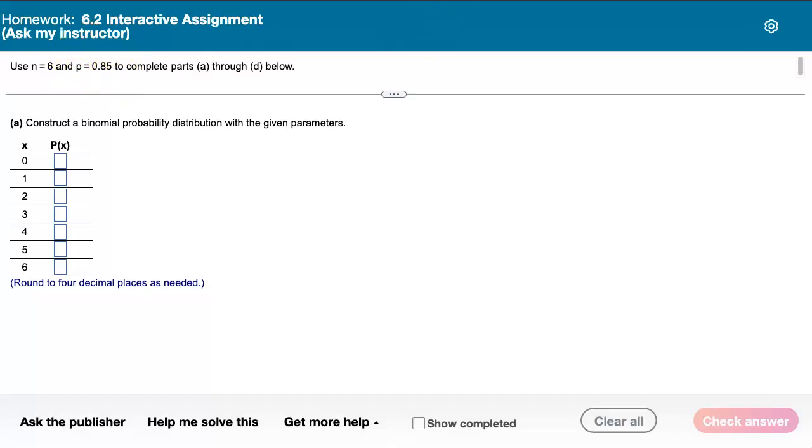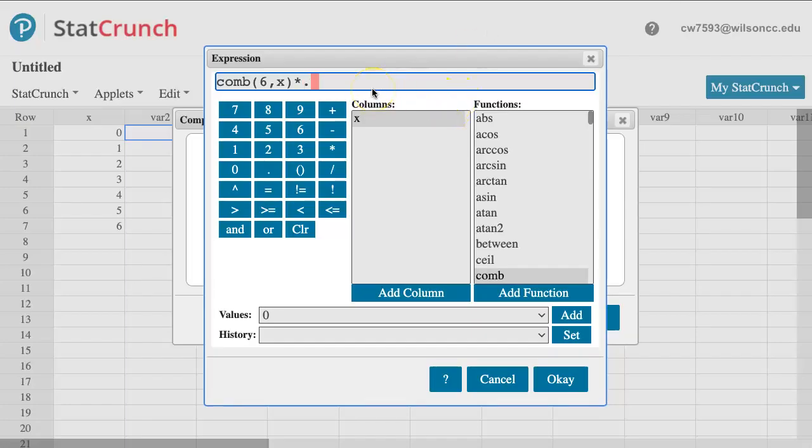So I'll type 0.85 raised to the X. Again, I'll just double click X right here, times 1 minus 0.85. I'm just going to go ahead and calculate that. That's 0.15 raised, and here I need to make sure I use parentheses, to the 6 minus X.